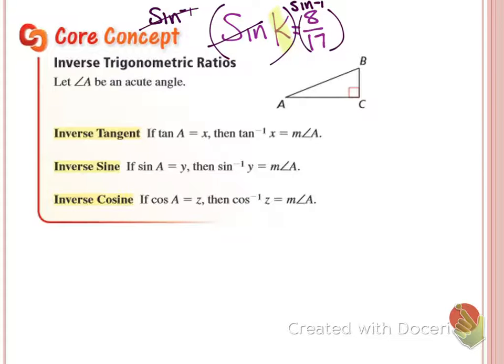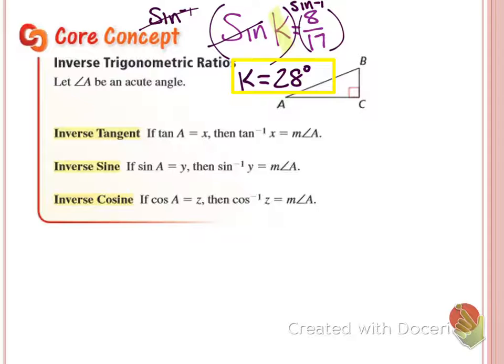You just do 8 divided by 17. And then normally it asks either to the 10th or to the whole number. Yep. You don't have to close it. Okay, let's do the whole number since it's pretty easy to round to. What does that make? 28. So angle K is 28 degrees in that situation.